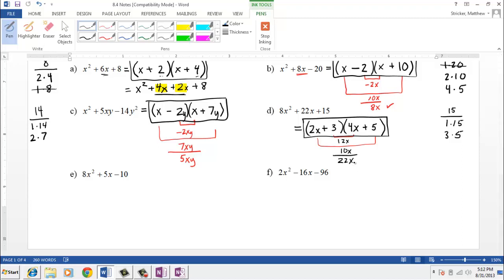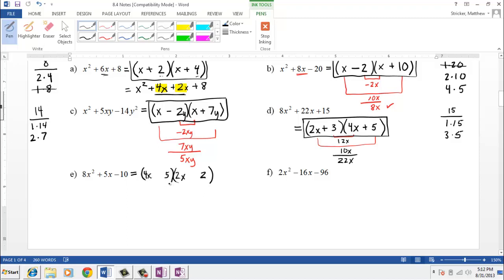And sometimes you get to one that is not even factorable. And so here is one that's not factorable. We could try 4x and 2x. Of course, 10 is gotten by taking 5 times 2, right?